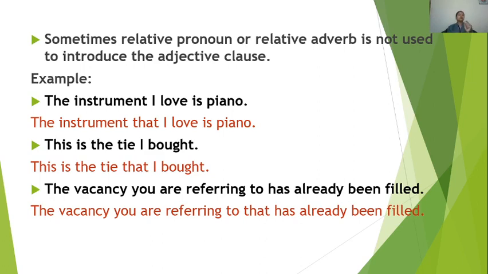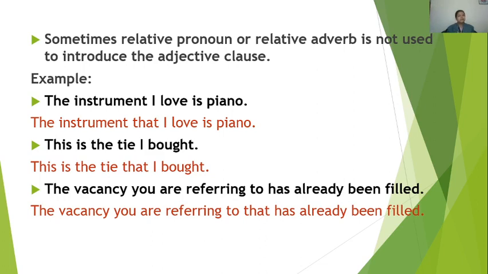Now, there is one exception, children. Sometimes a relative pronoun or relative adverb is not used to introduce the adjective clause. Why is it so? The first reason is that whenever they are found unnecessary, these relative pronouns or adverbs are omitted.